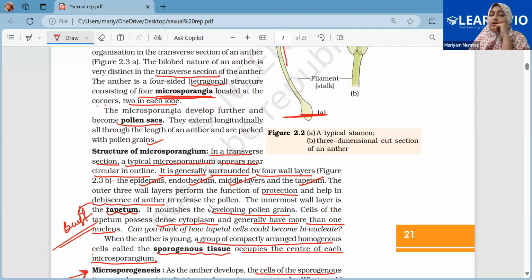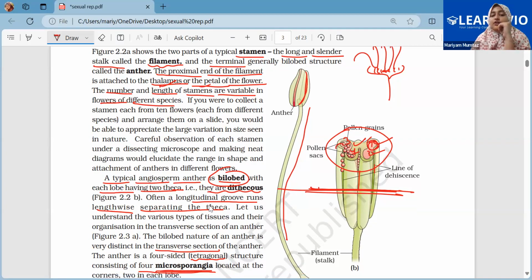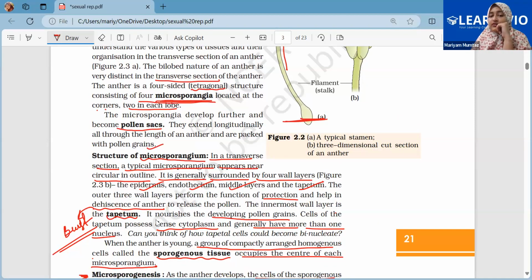Now, if we were to look inside the microsporangium, taking one of these structures and finding out what it looks like from the inside. The microsporangium in a transverse section appears circular in outline. It is generally surrounded by four wall layers. So one microsporangium is surrounded by 4 layers of wall on the outside.